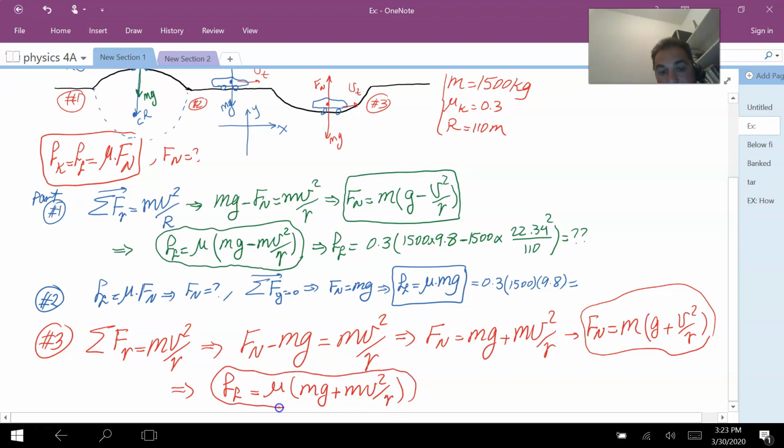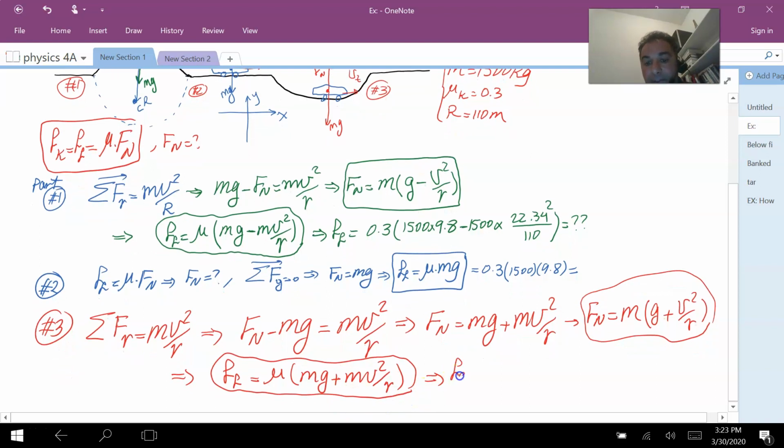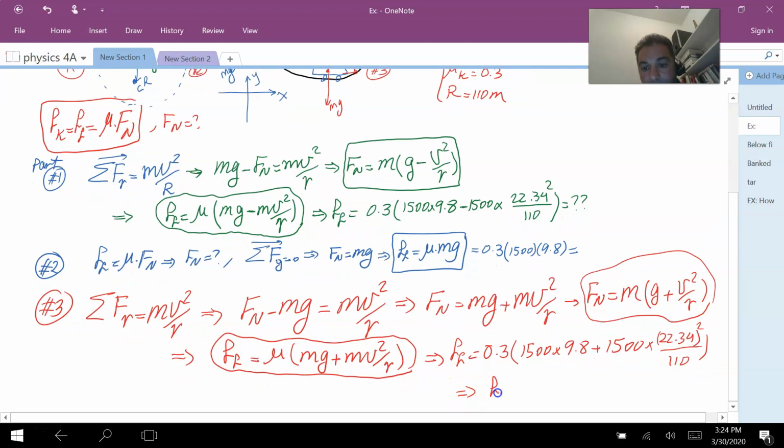This is the expression for part 3. Now if we substitute, Ff becomes mu is 0.3, m is 1500, g is 9.8 plus 1500 times, what is the speed? 22.34 to the power of 2 divided by 110. So we can find ff3 here, correct?